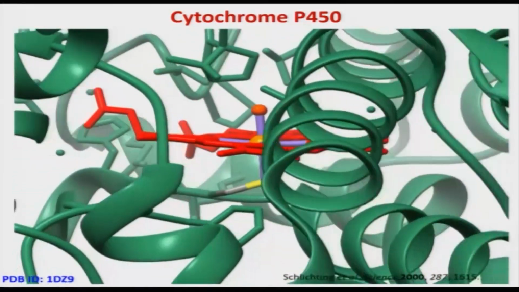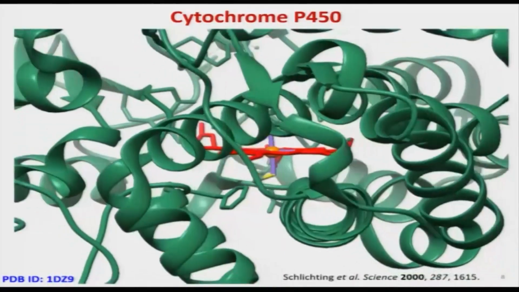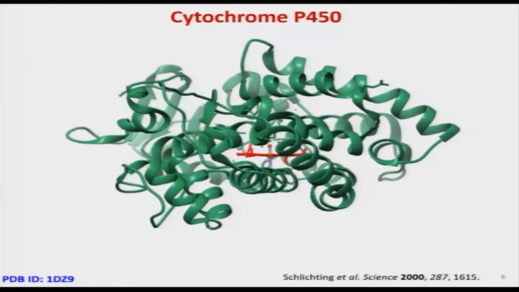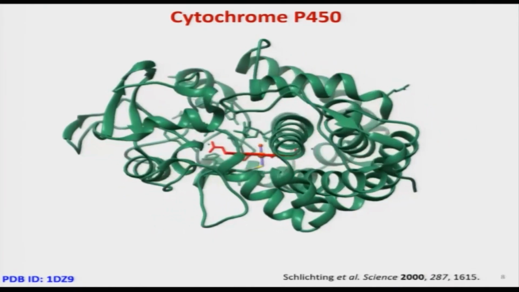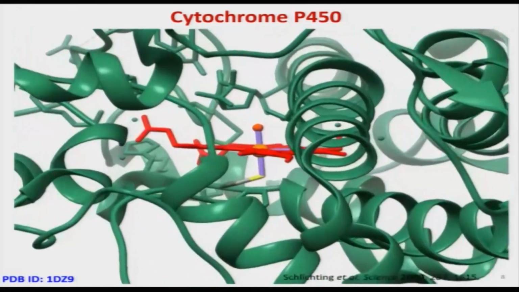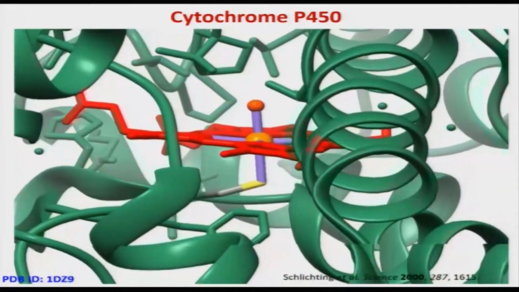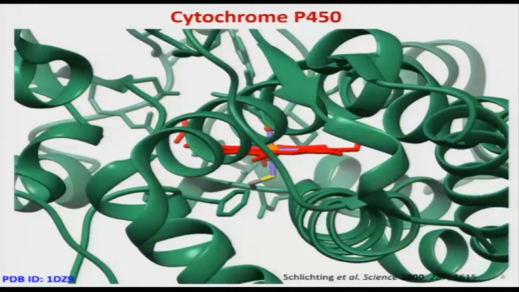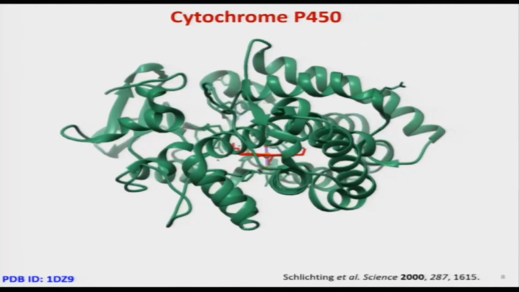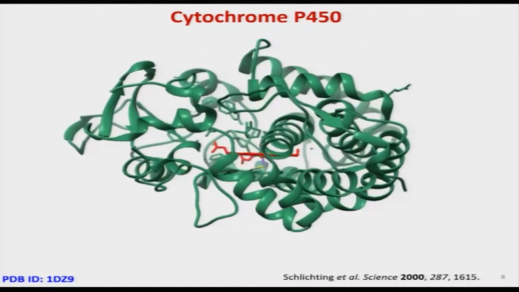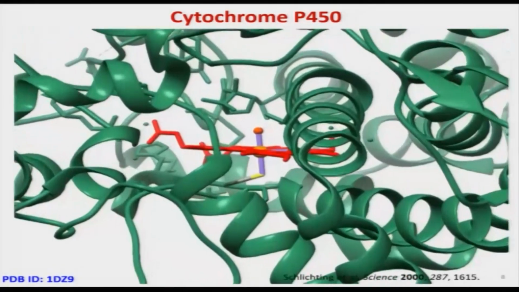What is interesting to note over here is that a huge protein chain is wrapping around this molecule. And what are these protein chains doing? The protein chains are actually dictating the reactivity and also the specificity of the substrate hydroxylation, the position of the hydroxylation and other things which I will soon discuss.